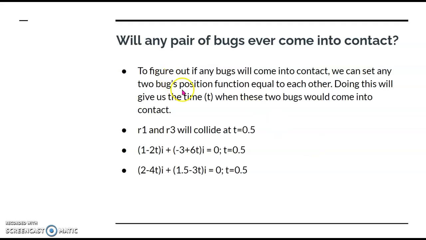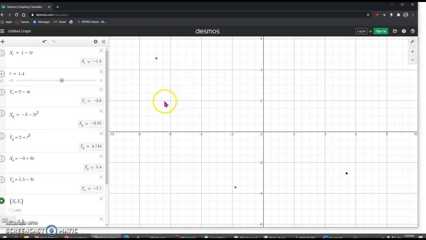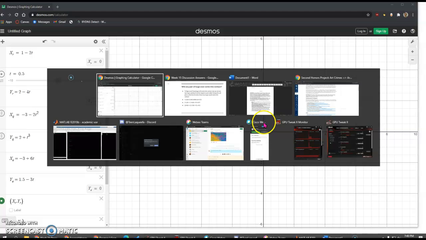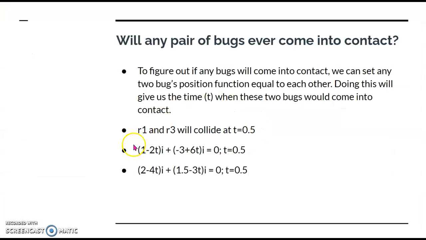So the next question: will any of these bugs come into contact? Well, we can see here that they definitely do. By visualizing, we see right there R1 and R3 are going to cross at the origin. Now we can see that t is going to equal 0.5 at that moment. You can also answer this question by setting the components of the vectors equal to each other and then solving for t.